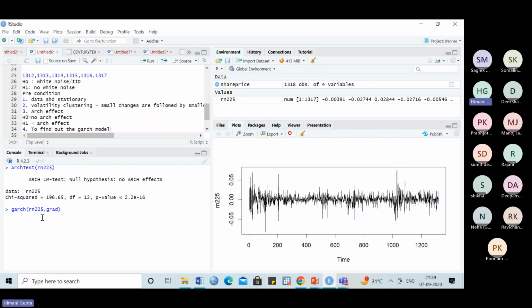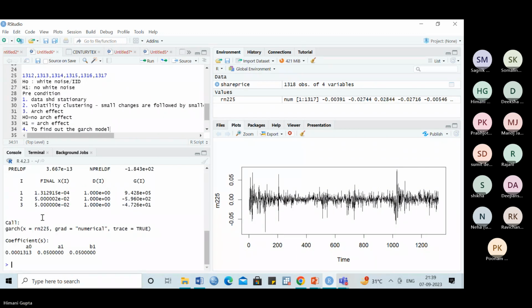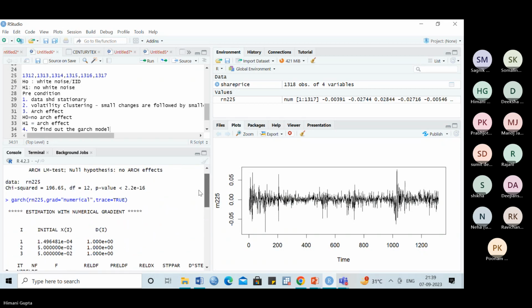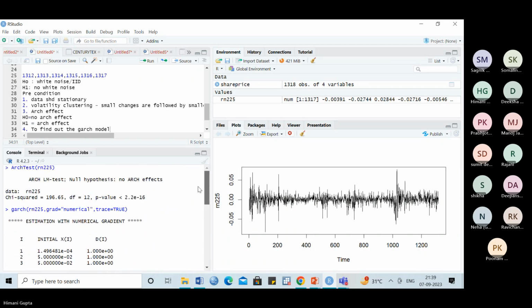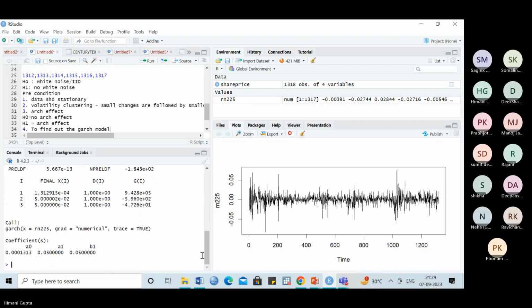That means now I'm saying use the numerical and just tell me which is the best GARCH model. So numerical, comma, trace equals true. Got it?